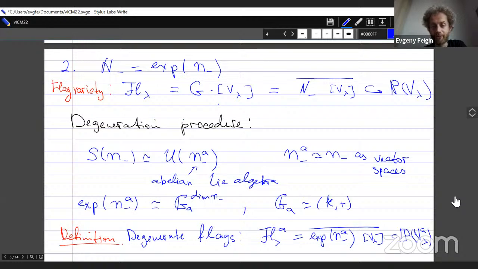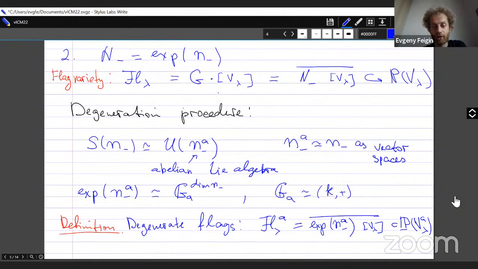This is G applied to the bracketed V lambda, the line containing the highest weight vector. What's important for us is that the same object can be obtained as the closure of the n minus orbit. Of course the n minus orbit is smaller than the G orbit, but if you close, then you get the whole flag variety. And this is the projective variety inside P of V lambda.